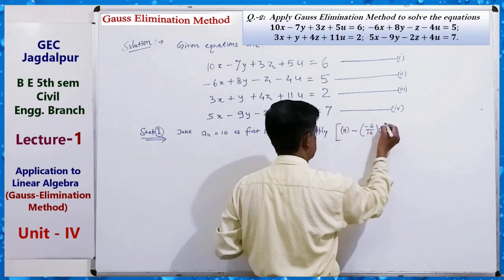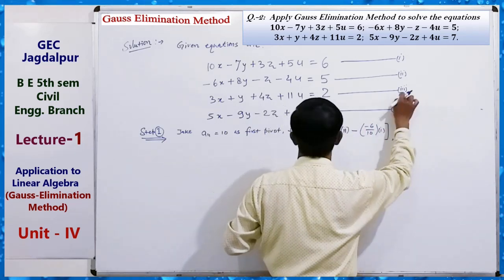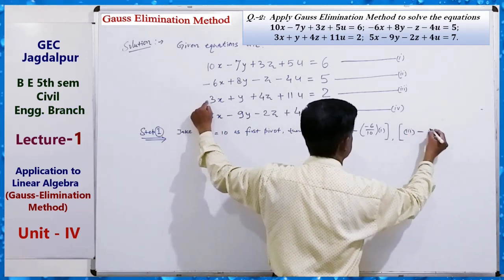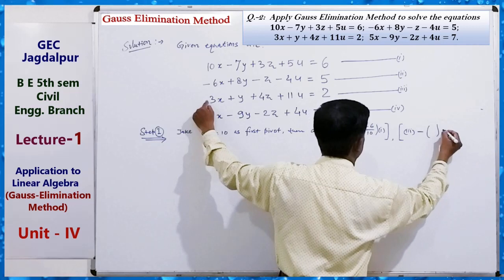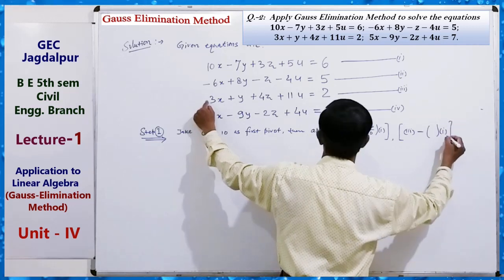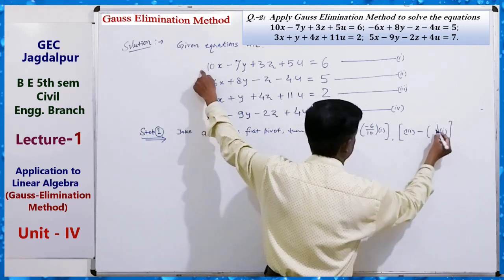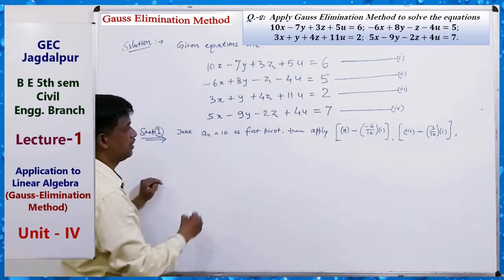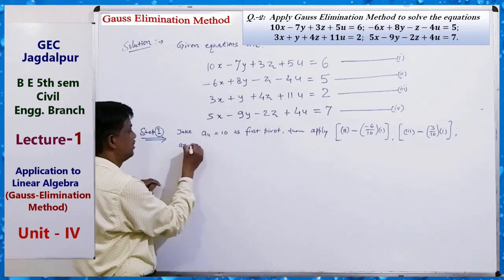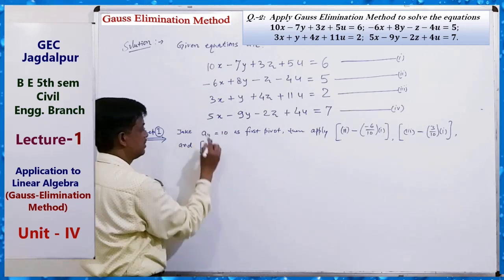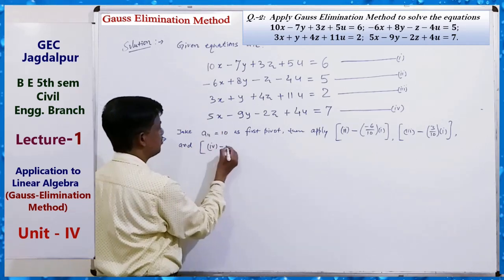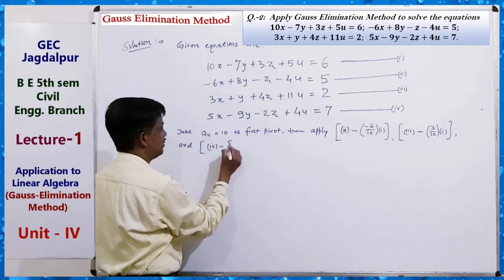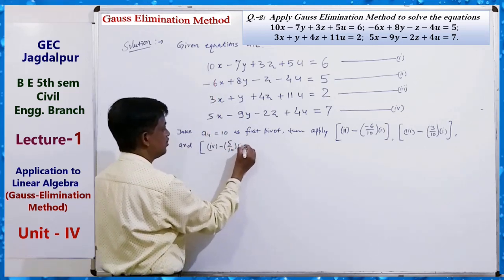This is the first operation. Similarly, equation third minus equation first, here 3 by 10. Clear? And for this, equation 4 minus 5 by 10 into equation first.